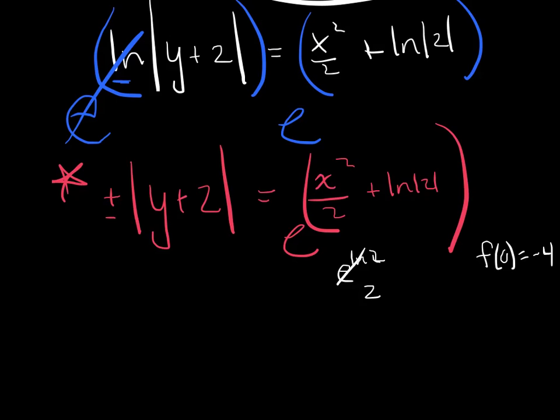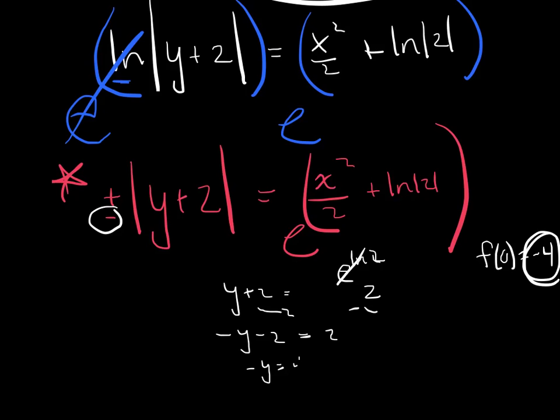If you just left this as y plus 2 on this side, and you subtract the 2 over, you're going to get 0, and you need to get negative 4. That means you needed to negate this side and say it's negative y minus 2 equals 2. Now you get negative y equals 4, or y equals negative 4.